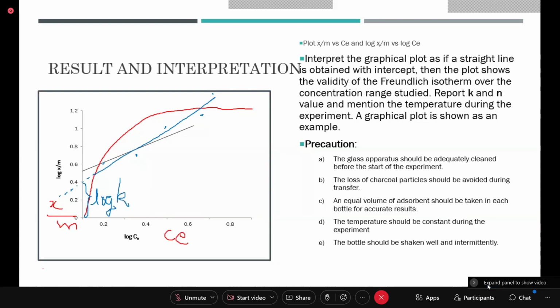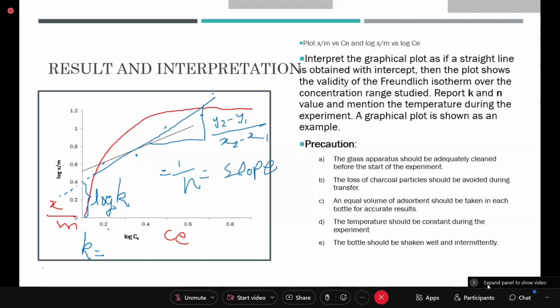Okay, so if you get this log k, take an anti-log of this k. So you get an anti-log of k, and this value, slope y2 minus y1 by x2 minus x1, will be 1 by n, which is termed as slope.